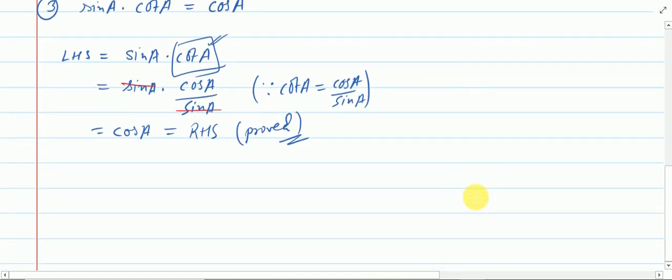Now let us see the next question. So next is question number 4. Here we have 1 upon cos square theta minus tan square theta is equal to 1. And you should always remember that in order to solve this type of question, there is no such hard and fast rule that you have to do it in this manner only.